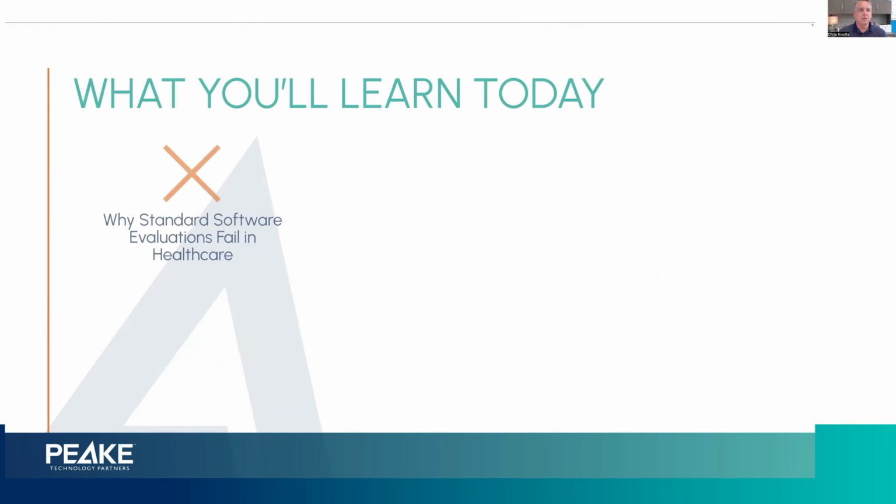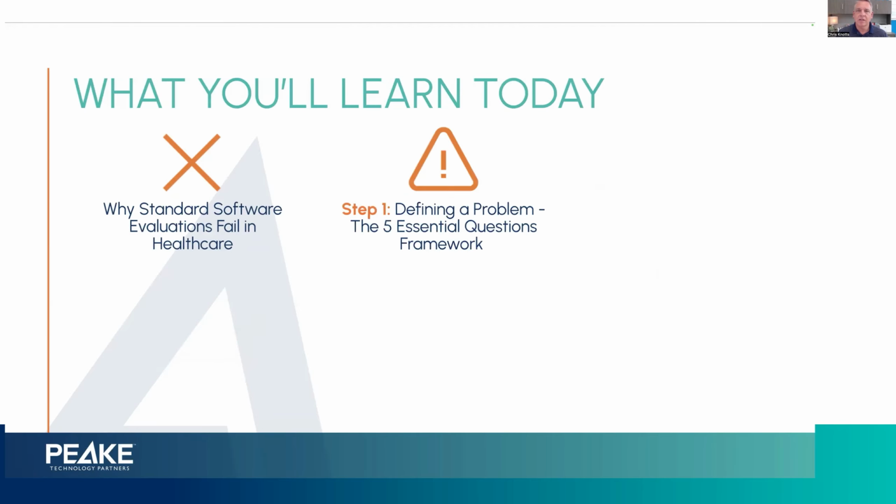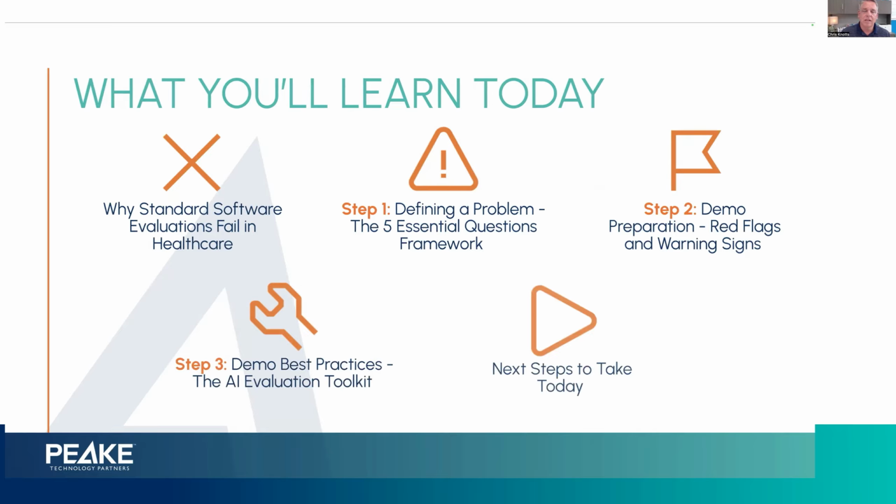Some things that we'll learn: why some of these processes fail in medical practices, whether it's an AI tool or another type of software product, questions that you can ask, or a framework that you can create for establishing your process for AI tool evaluation, and what to do as you prepare for a demo of an AI tool for your practice, as well as the next steps that you can take today.